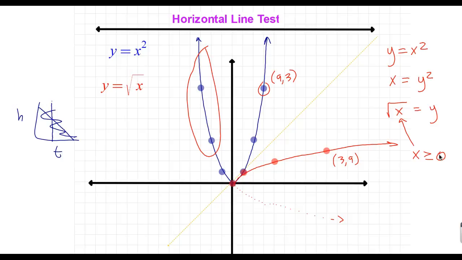If not, it helps you figure out what your domain is. So the domain for this function has to be that x is greater than or equal to 0, and that's going to have to be true for the original one also. We have to restrict our domain so that if we're taking the inverse, we don't end up with non-real or complex solutions.